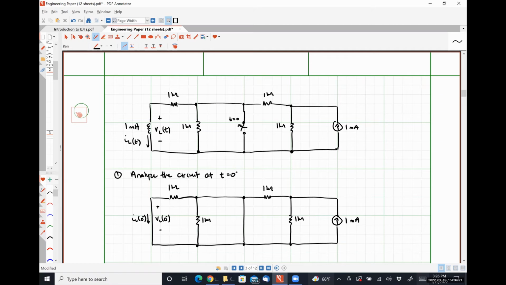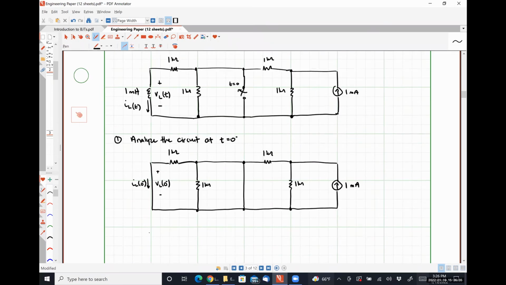So the inductor voltage at t equals 0 minus will always be 0 volts because we are representing the inductor with a short circuit, and the voltage drop across a short circuit is always 0 volts. So we know definitively VL at 0 minus must equal 0 volts. Don't have a choice in the matter.